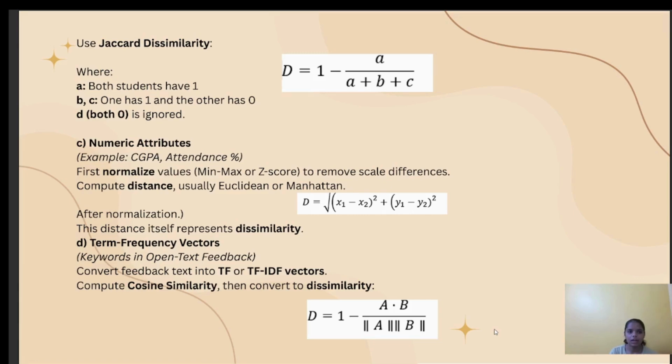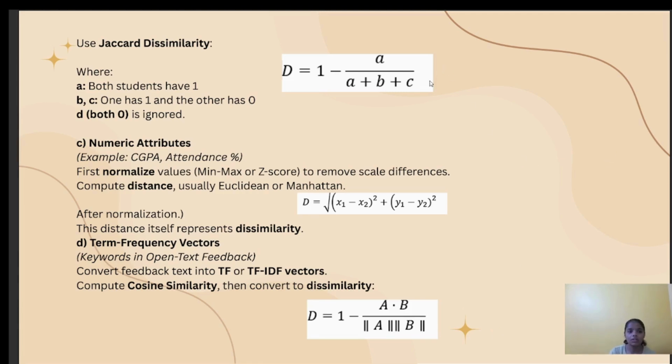We will use the Jaccard dissimilarity formula: D equals 1 minus A upon A plus B plus C. Here A is when both students have 1, B and C are when one has 1 and the other has 0, and D we will ignore, the case where both are 0, so we do not add D here.